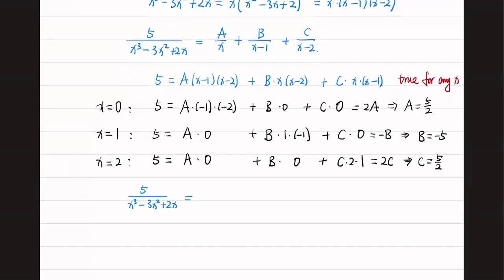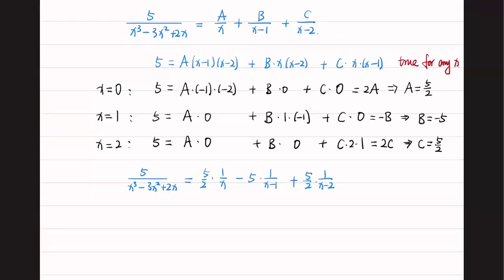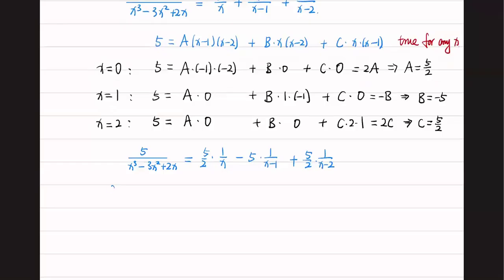A is 2 over 5, just like over x. B, negative 5. C, 5 over 2, x minus 2. Then let's finish the integral.